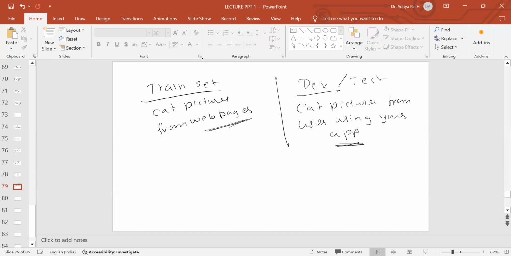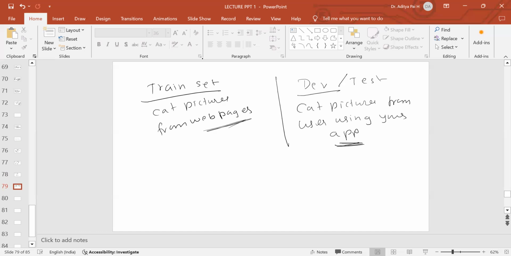Okay. So what is the difference between training, development and testing? Training is where we are training the data set from these data sources, whereas the development set is a data set to evaluate a particular algorithm, that is, which algorithm is suitable among those different data sets, for those huge amounts of data.